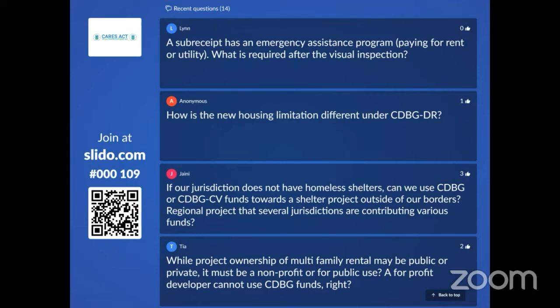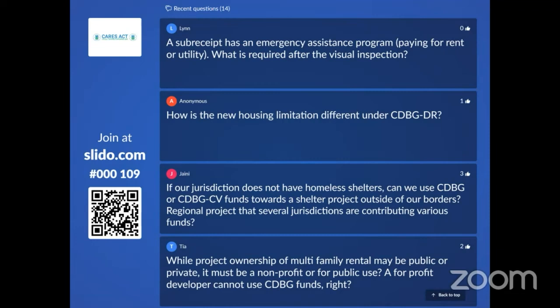A subrecipient has an emergency assistance program, paying for rent or utilities. Okay, so that emergency grant assistance. What is required after the visual inspection? This question looks to be a 2-part question, with 2 different subjects.